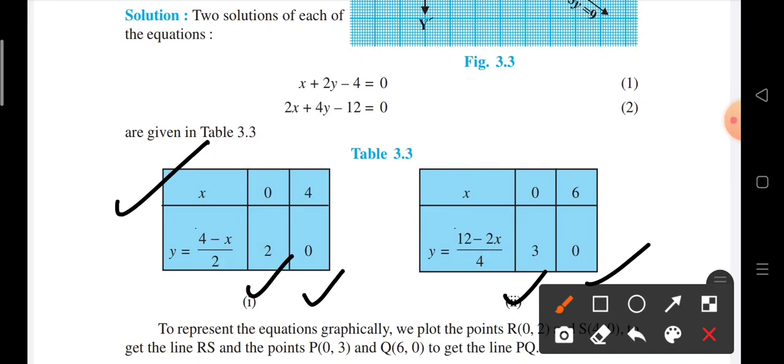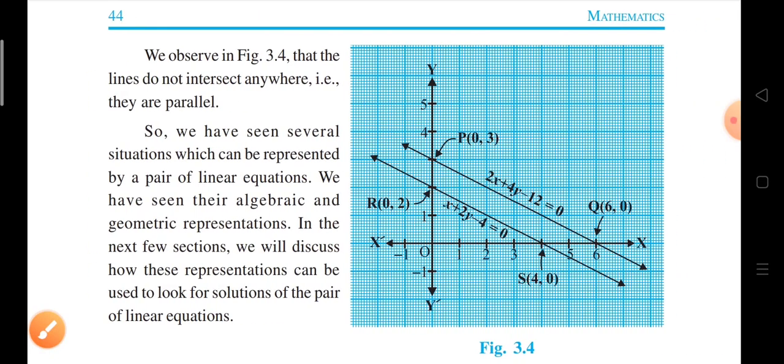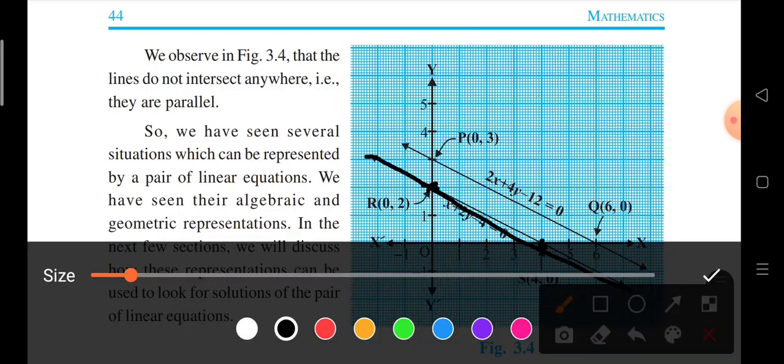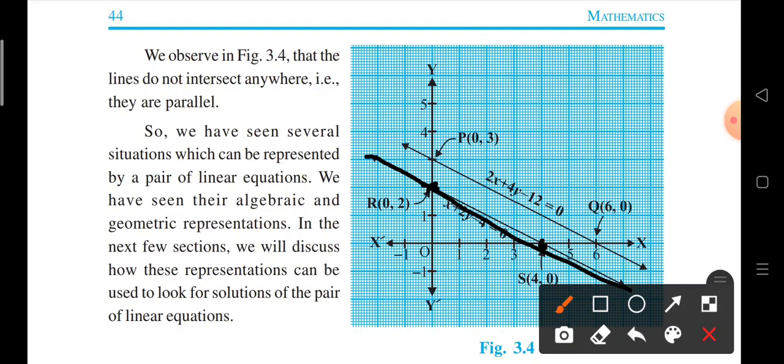Now we represent these equations on the graph. The first solution is (0, 2), which is over here, and the second is (4, 0), over here. Now we draw the line for the first equation. For the second, we have the solutions (0, 3) and (6, 0).